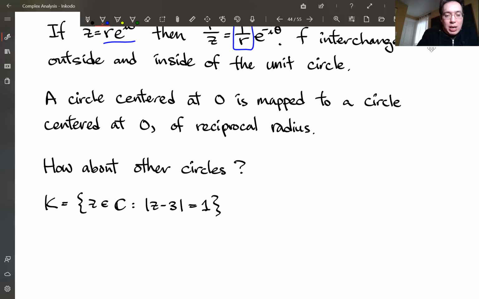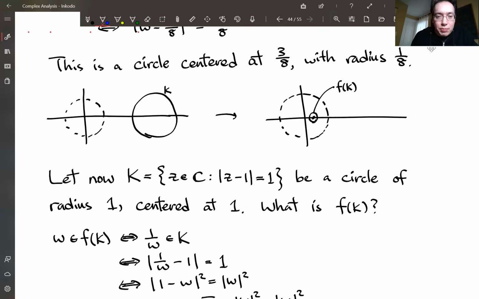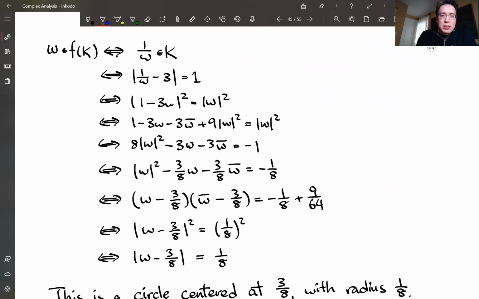Okay, so I chose one circle here. So this is a circle of radius 1, centered at 3. And let's see what the inversion does to this circle. Okay, so if I want to see what the output looks like, let's choose W to be f of that, starting from that circle of radius 1 centered at 3.